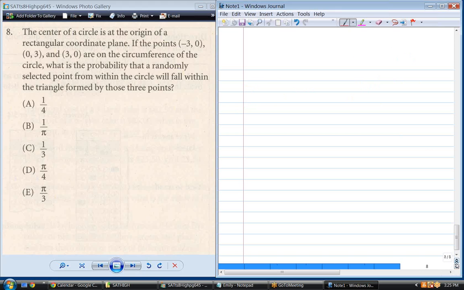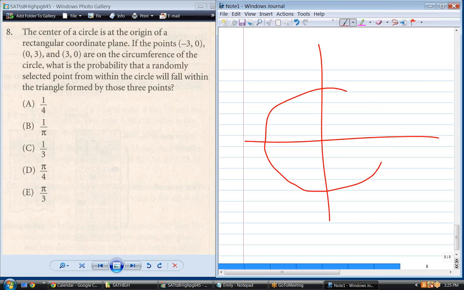Here we have a question. All right. Center of the circle at the origin. Points are -3, 0, 3, 0, and obviously this one is 0, -3.